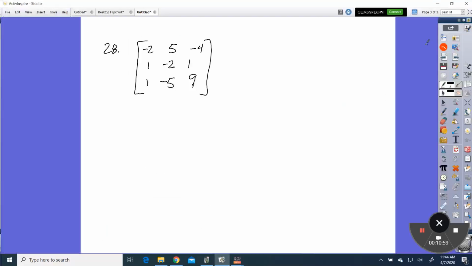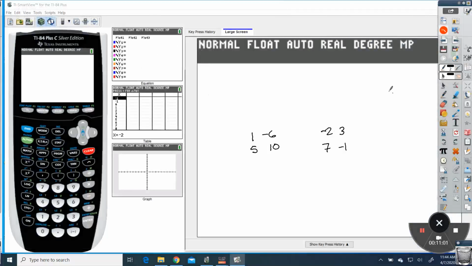Let me hurry and do something so that you guys can see the original matrix that was there. So 28 was -2, 5, -4, 1, -2, 1, 1, -5, 9.